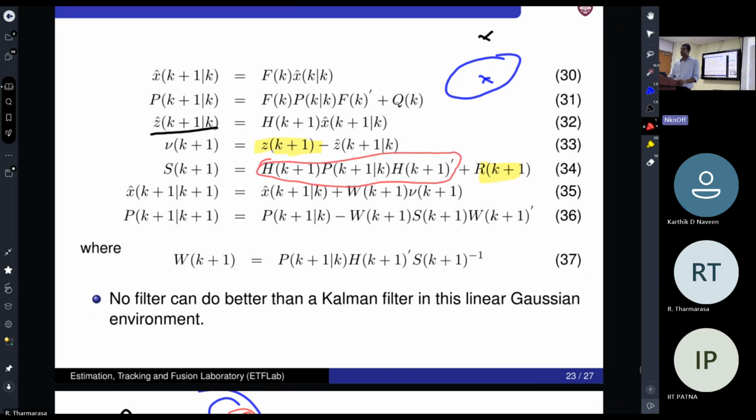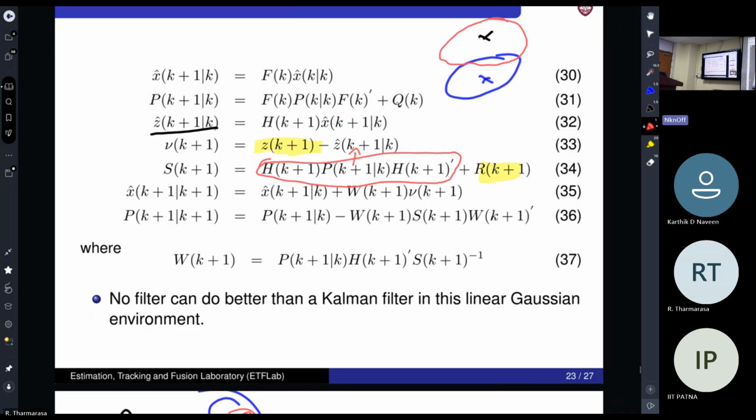This is the covariance of this. Even though I predict, that has some uncertainty due to my location error. You want to factor both of them to decide whether they are from the same target or not.